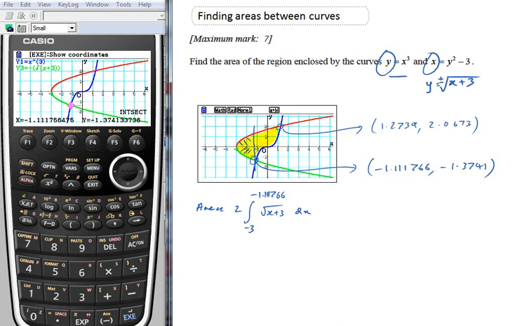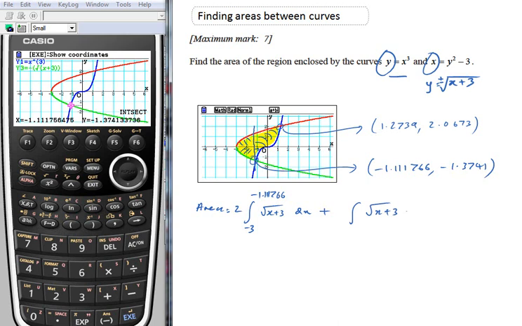Now the next part of the area is going to have to be added on, and it's going to be the integral that gets you this area. So it's the integral of the top line, which is just the red line as shown on that test diagram there. So it is just the square root of x plus 3.